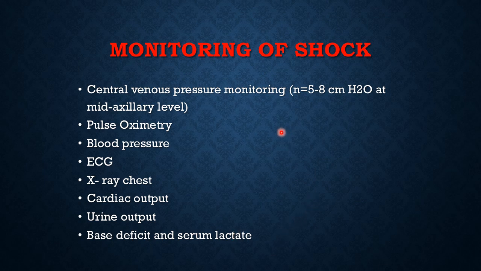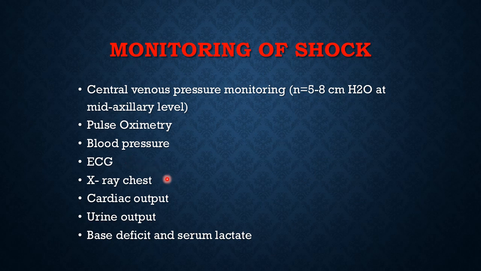So, certain parameters that you can use for monitoring of the progress of the shock, whether the patient is recovering or deteriorating. A central venous line will give you central venous pressure monitoring. Pulse oximeter will tell you about the arterial oxygen saturation. Blood pressure will tell you about the compensation or the decompensation of shock. ECG will give you information about the myocardium, about the cardiomyopathy, about the myocardial infarction.